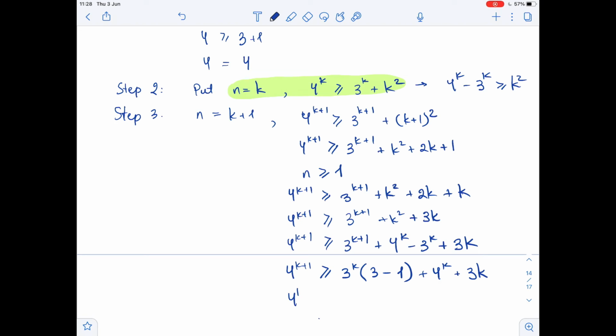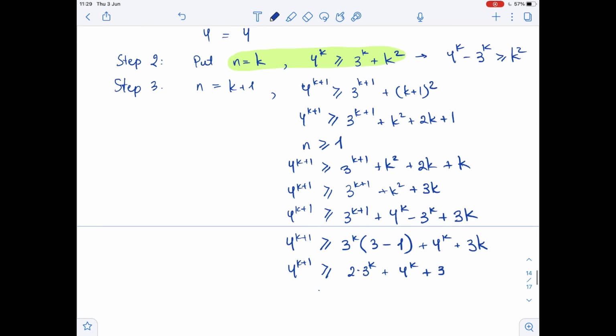So we have that 4 to the power of k plus 1 is greater than or equal to 2 times 3 to the power of k plus 4 to the power of k plus 3k. So we get 4 to the power of k plus 1 is greater than or equal to 4 to the power of k plus 1.